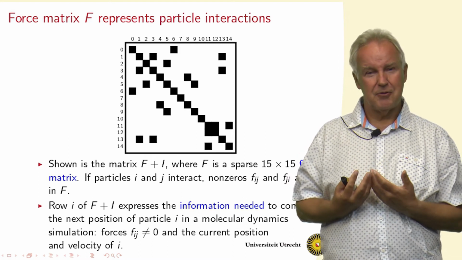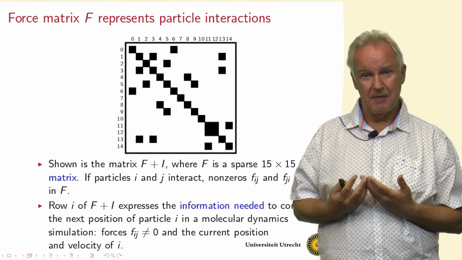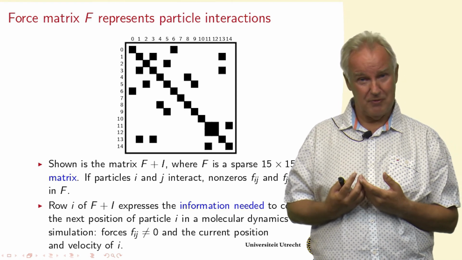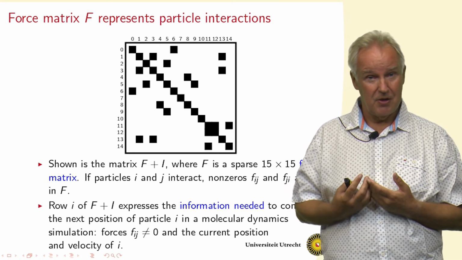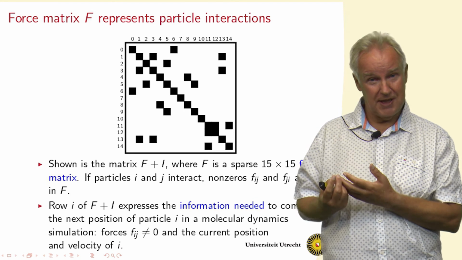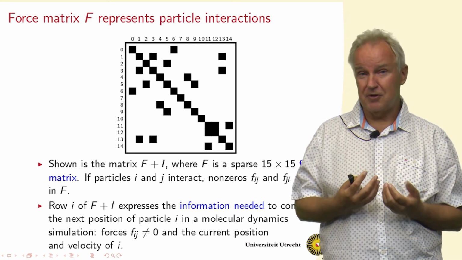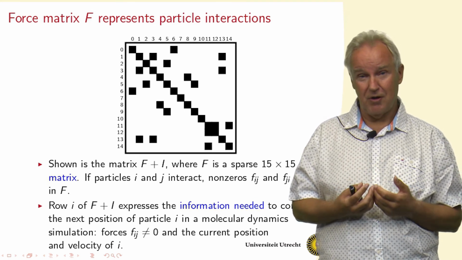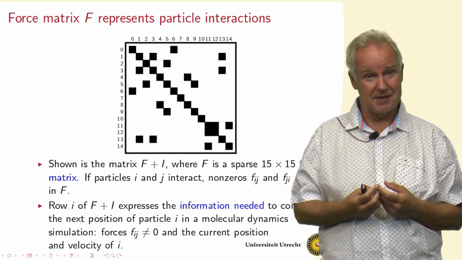This F plus I represents the information flow of an algorithm. It's the information that you need to compute a new position and velocity of a particle i.